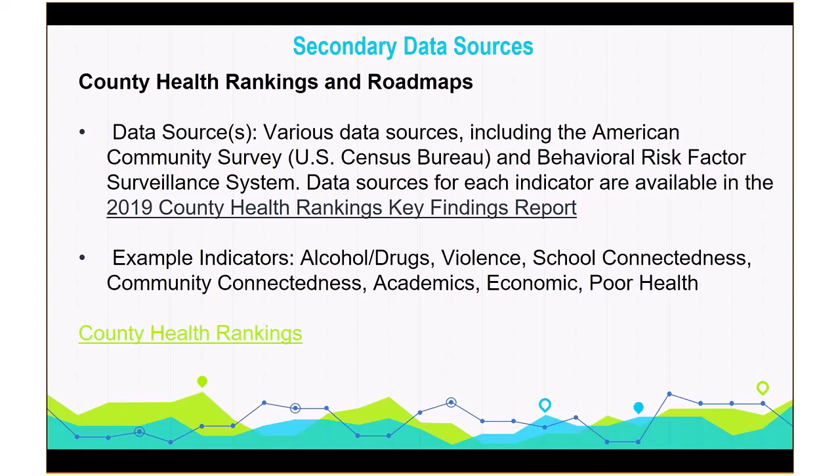We had already discussed the ACS, but the BRFSS, or Behavioral Risk Factor Surveillance System, is an annual CDC random telephone survey that completes 400,000 national adult interviews each year on health-related risk behaviors, chronic health conditions, and use of preventative services. Response rates are provided by state, and for 2017 in Michigan, the response rate was 47.3%.